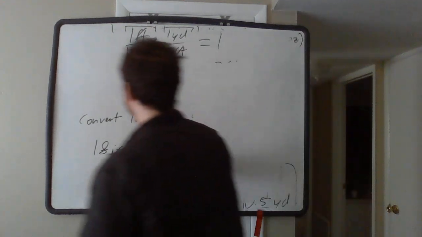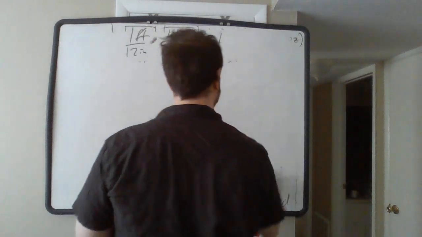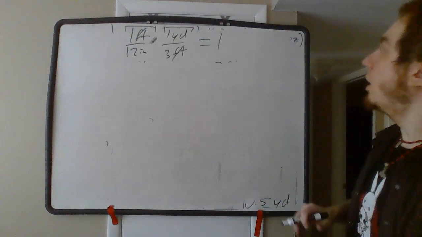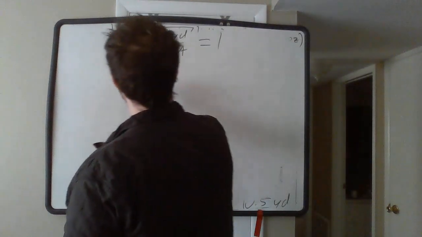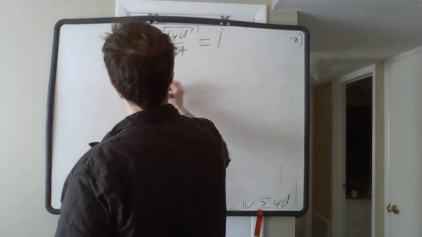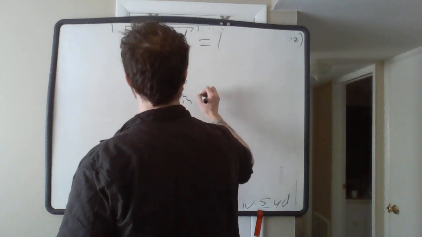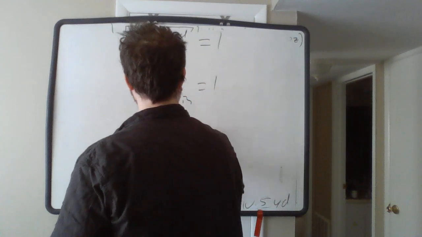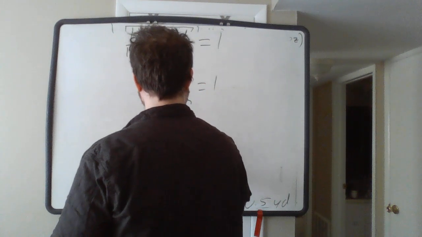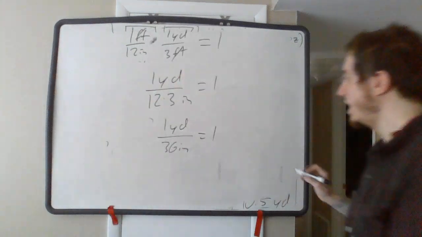Okay, so returning to the problem at hand, which is about this conversion ratio, what we get then is that 1 yard over 12 times 3 inches is equal to 1, or 1 yard over 36 inches equals 1.